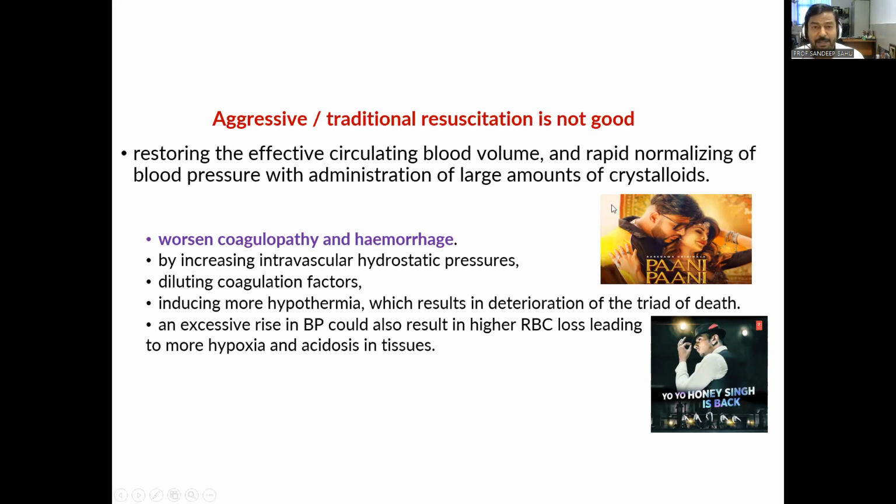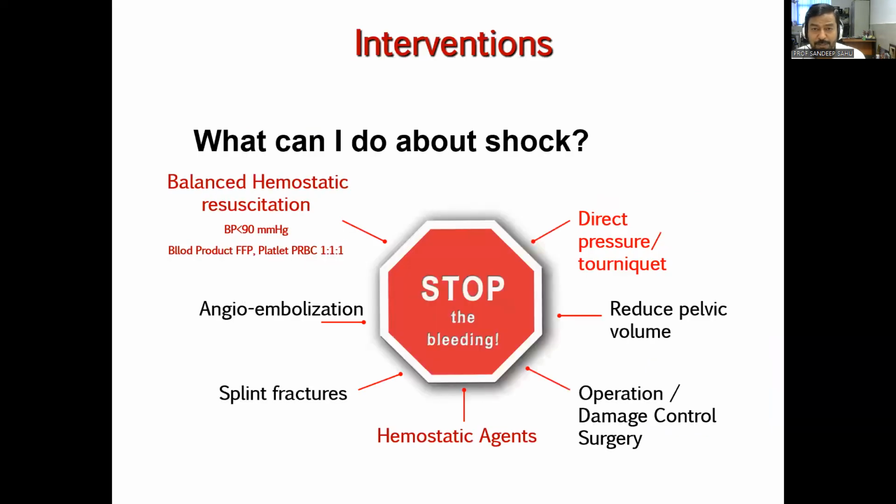This yo-yo type of resuscitation is not at all good for this patient, because excessive fluid will dislodge the clot, dilute the clot, and produce hypothermia. So do you want to increase only blood pressure, or restore the blood volume, or the blood product, meaning the coagulation factors?